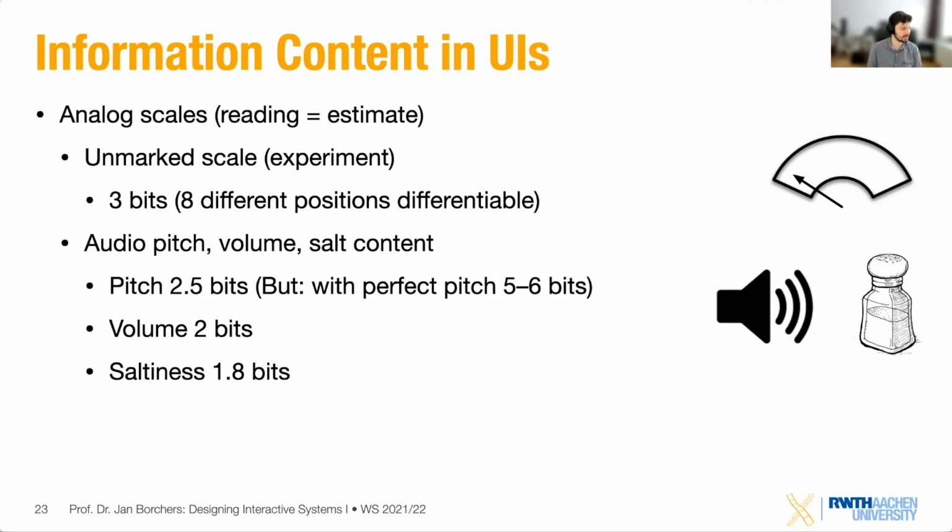Then the question is, how many different levels of saltiness can you give to such a device? And how much information can you then communicate to the user by the saltiness this device is giving to you? And here, the bits is just, again, a way to measure this. And with the experiment, they found out that we get around 1.8 bits out of this. So you can calculate this is less than 4 saltiness levels. If I don't confuse anything right now.